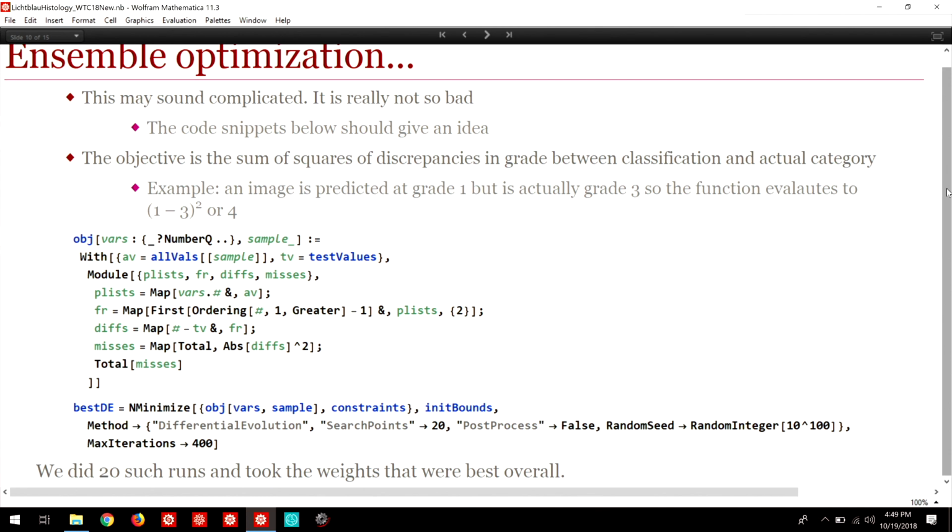Okay, so we wanted to optimize these, and we did. We used NMinimize in Wolfram Language with differential evolution as the method. There's a reason for that, which I will probably just have to gloss over. I think I skipped a slide.